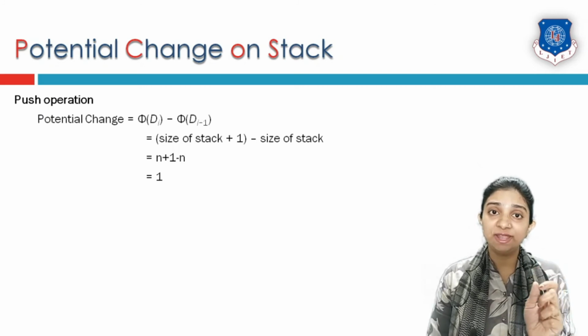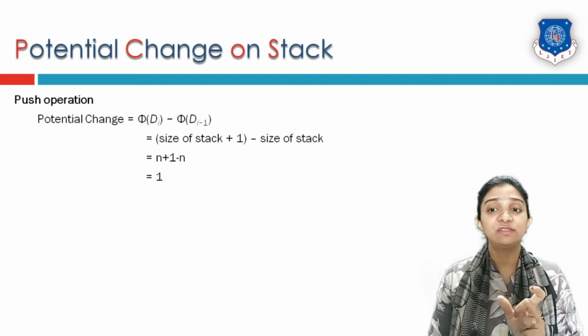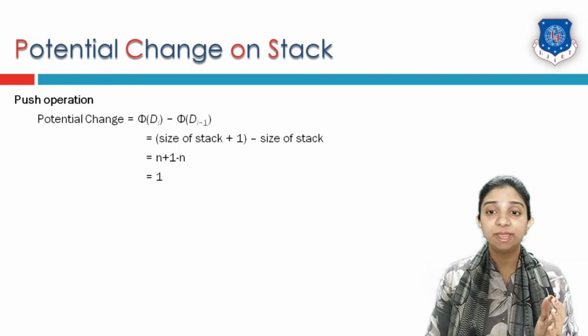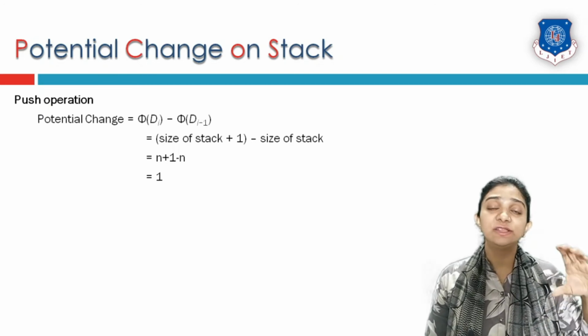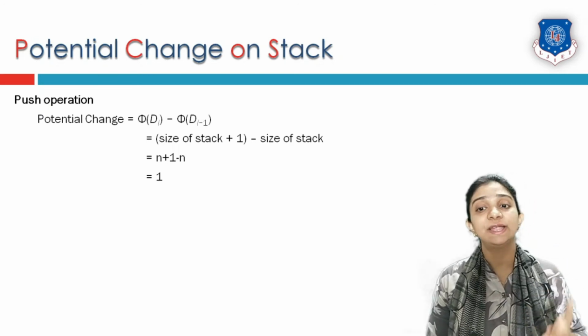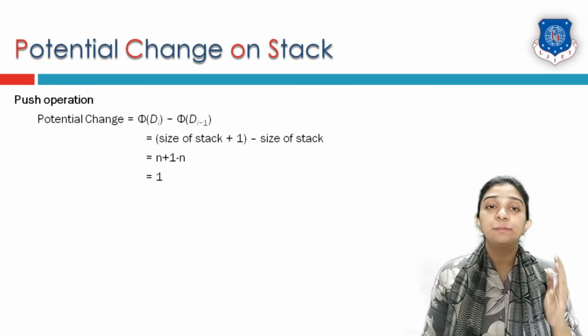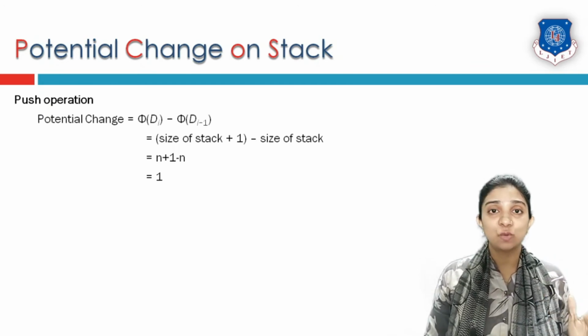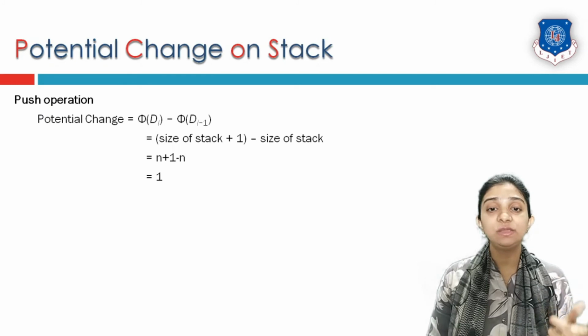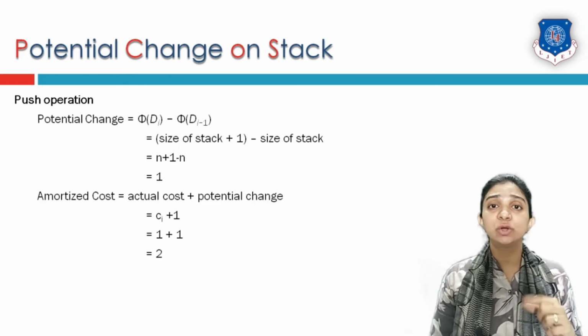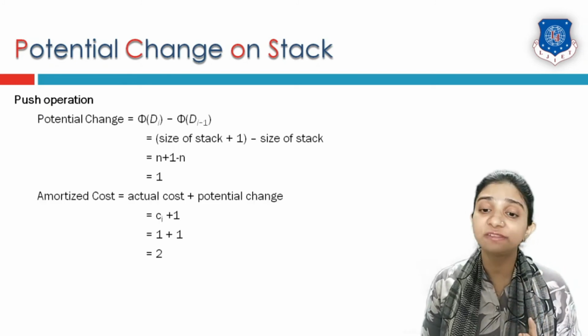So instead of Φ(Di), I write size of stack plus 1, minus the previous stage, where the size of the stack was S. The potential change will be n plus 1 minus n, that is equal to 1. Potential change on a stack will be of size plus 1.